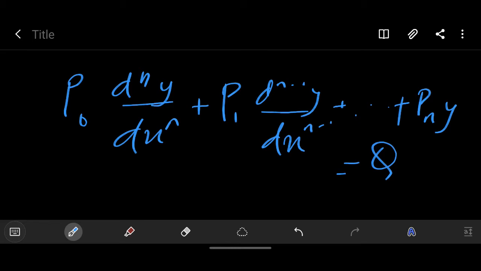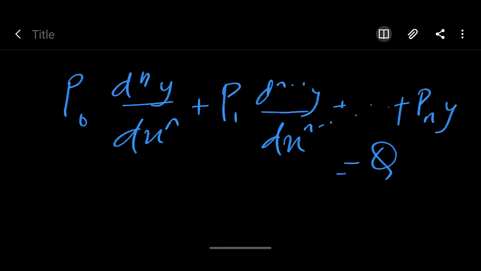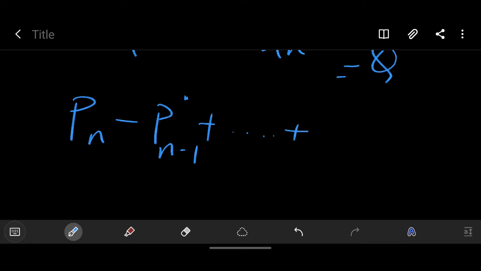We will have the exactness condition if pn minus the first derivative of pn minus 1, plus, and so on, you put the signs alternately.